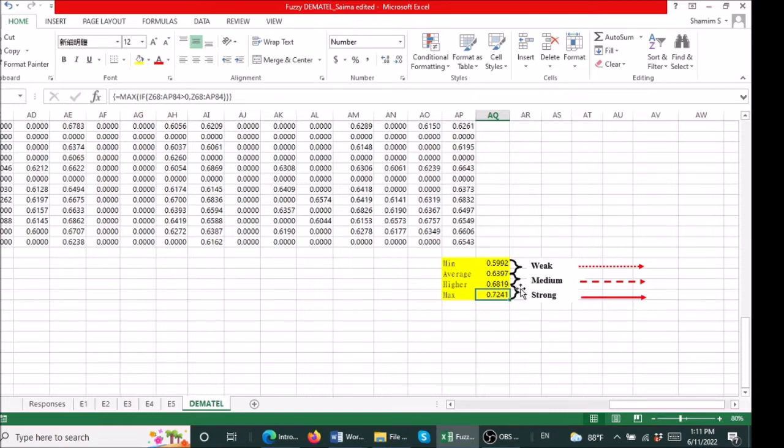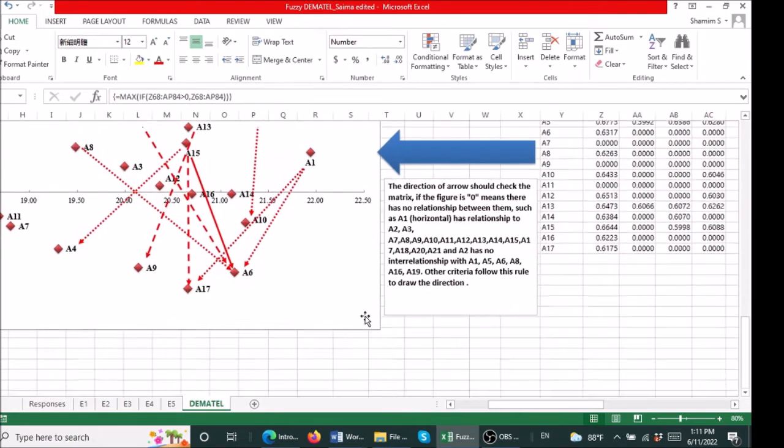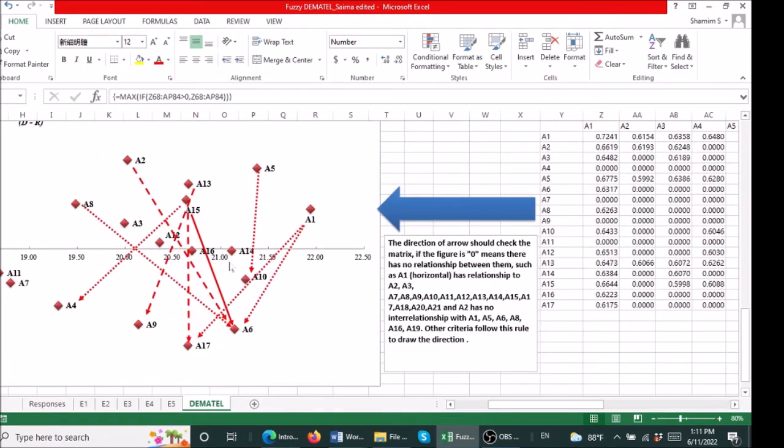The values between 0.6397 and 0.6819 represent medium effect, and the values between 0.6819 and 0.7241 represent strong effect. So now, drawing this line, for example, you see this one, strong effect, this one, medium effect, and this one, weak effect.